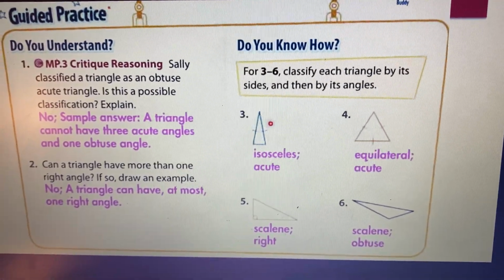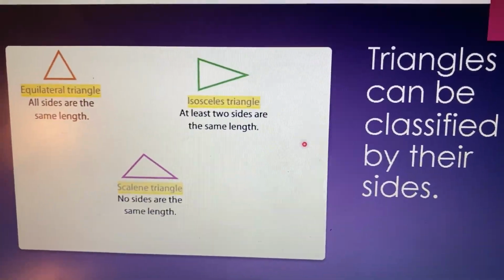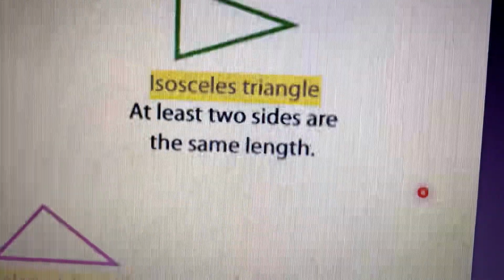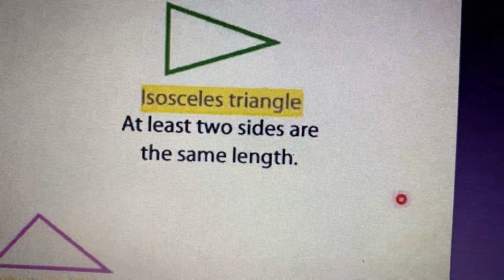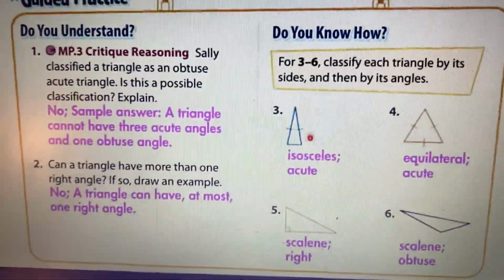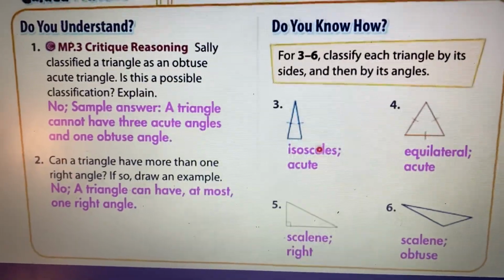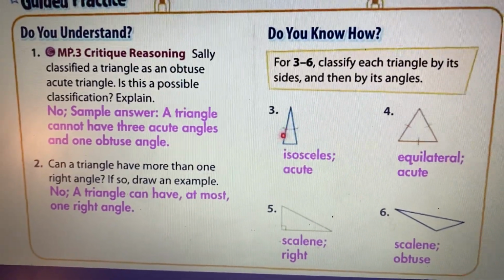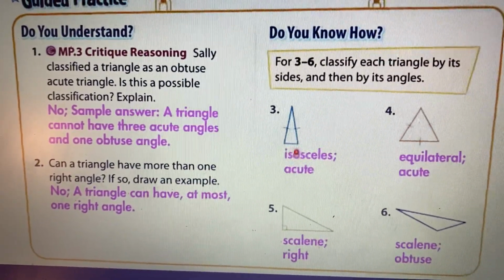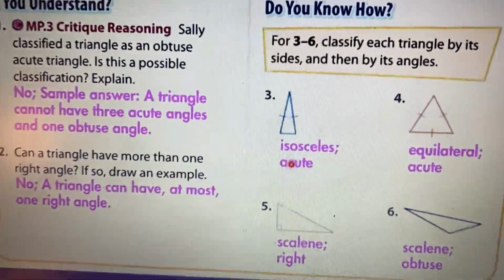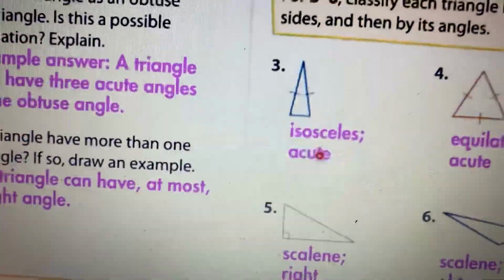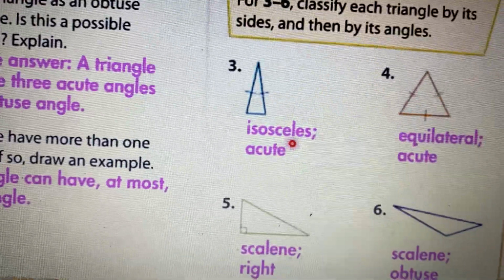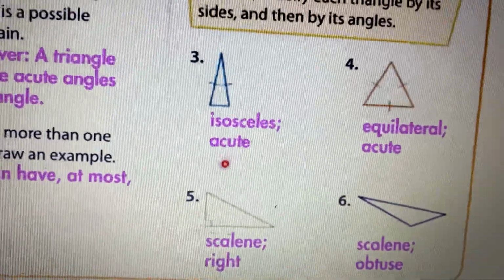First, we have two equal sides. Two equal sides is called isosceles. So the triangle is isosceles. Now, can I see any obtuse angles? No. Any right angle? No. So it's an acute triangle. So it is an isosceles and acute triangle.